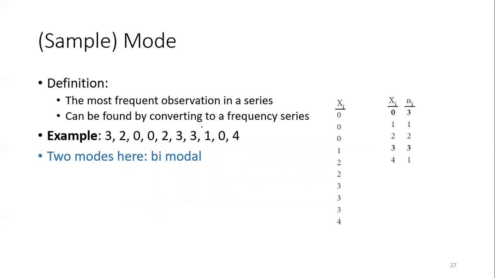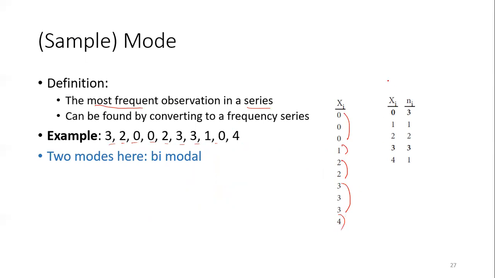And what is the mode? This is another sort of measure which shows this centrality. It's the most frequent observation in a series. Okay? So here, just look at this one, 3200233104. So there are three zeros, one one, two twos, three threes, and one four. Okay.